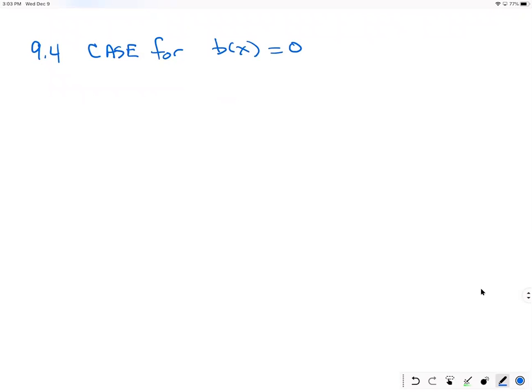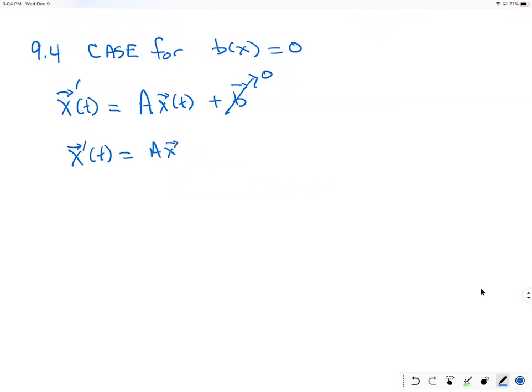So we would have then x prime of t equals, no ax, just A times x of t. And before, remember, we had this plus b over here, but this is 0 now, right? So it's just our derivative of t equals A times x.